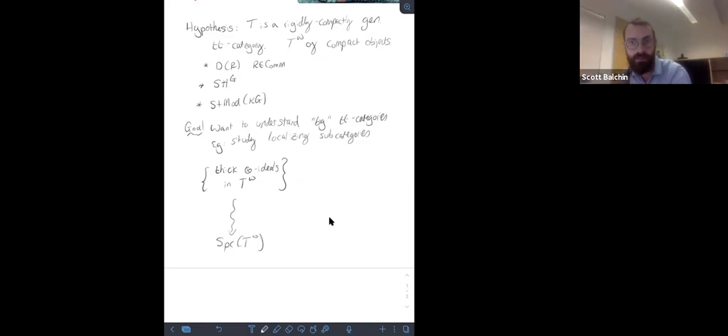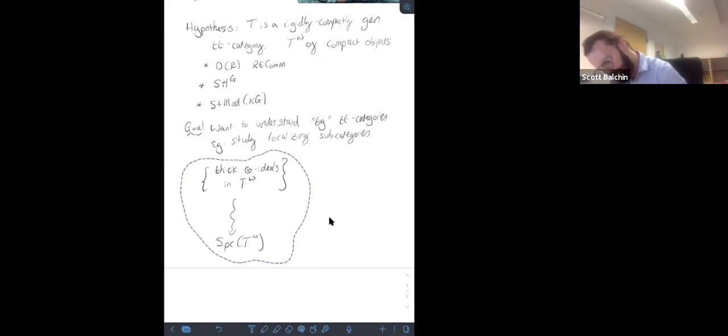This is a very nice topological space where certain nice subsets are exactly in bijection with the thick tensor ideals in T omega. This is all very well known, a very useful invariant. This Balmer spectrum pops up all over the place, and computing it has led to a lot of fruitful things. But we want to be a bit more adventurous now.